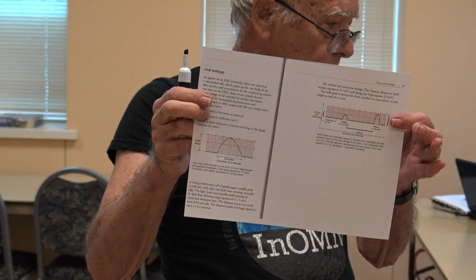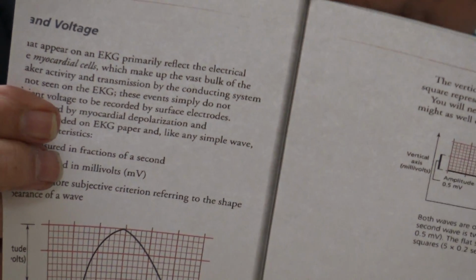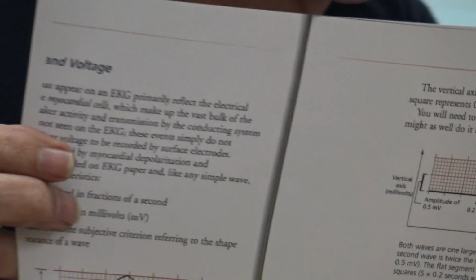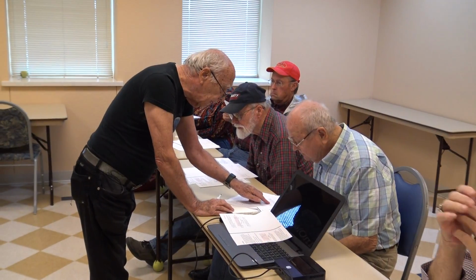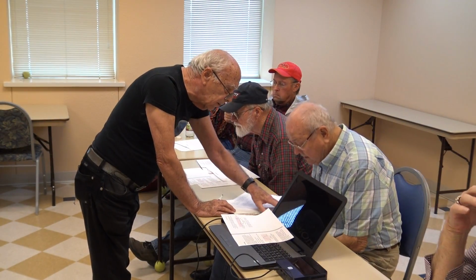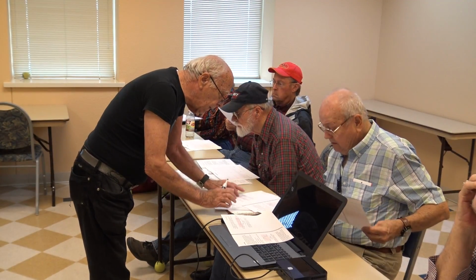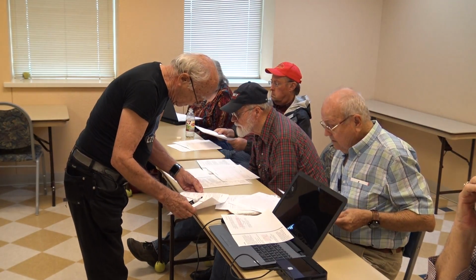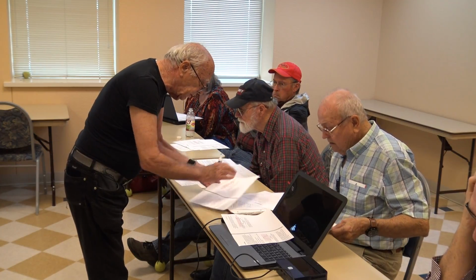Look at there, and it'll say a measure of the time in seconds and how high it is. Here's how high it is in the seconds. One of these has got the duration. Oh, here's your amplitude.